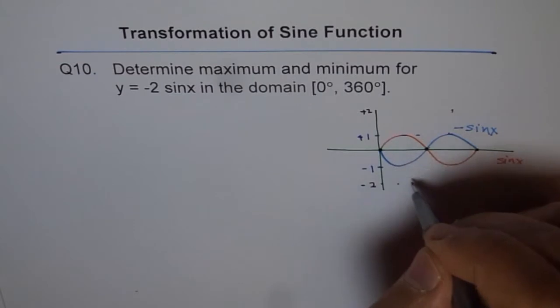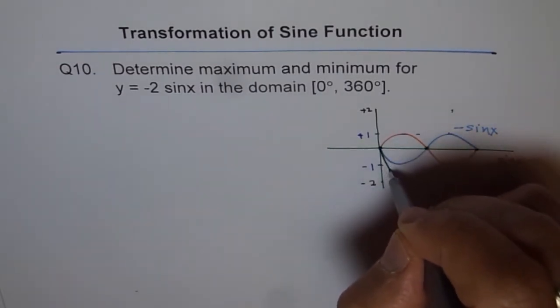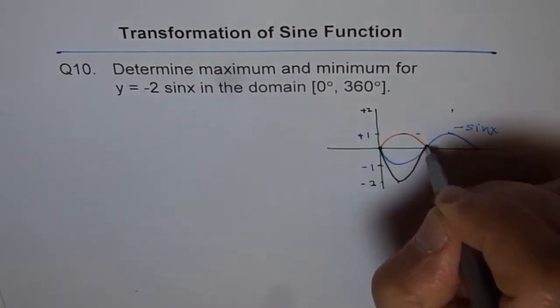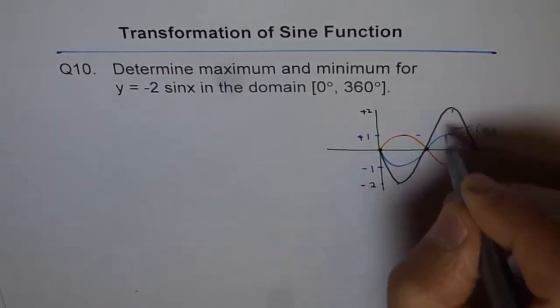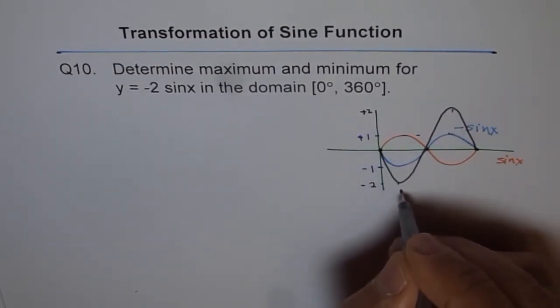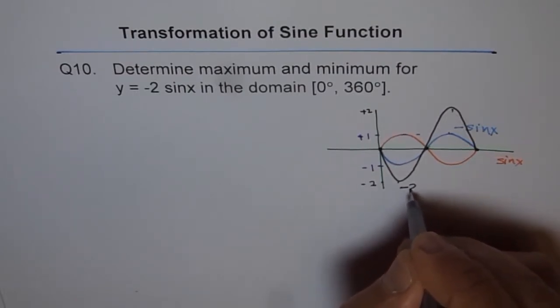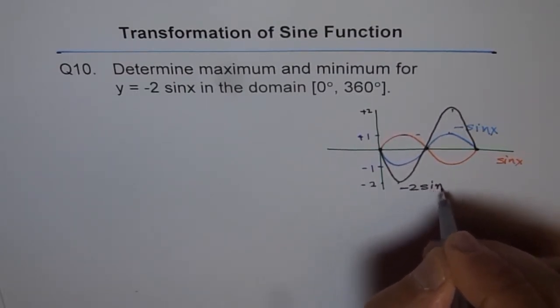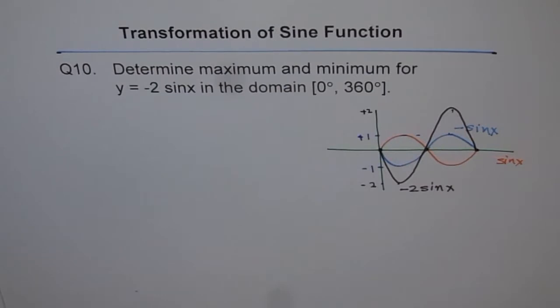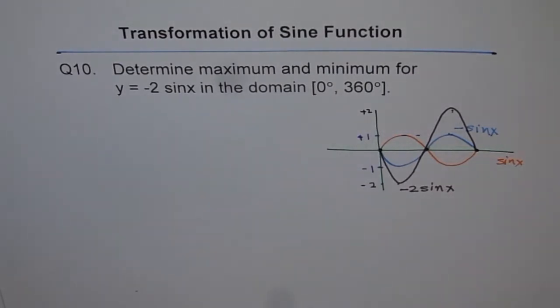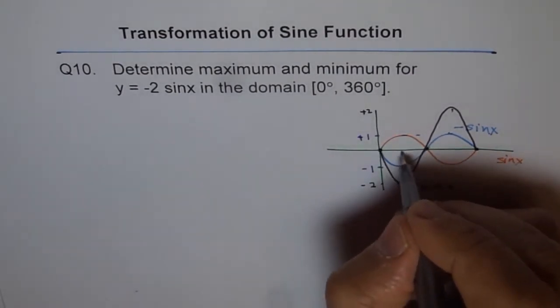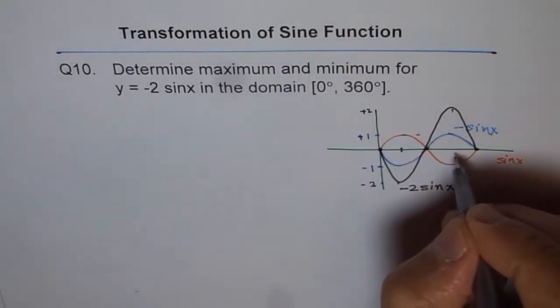Now, I'm doing a stretch and then my graph will look like this. You see? So this function which I've drawn now is actually minus 2 sine x, correct? Now from the graph, you can say what is the maximum and the minimum value. You will note that the x values of the maximum and minimum don't change.